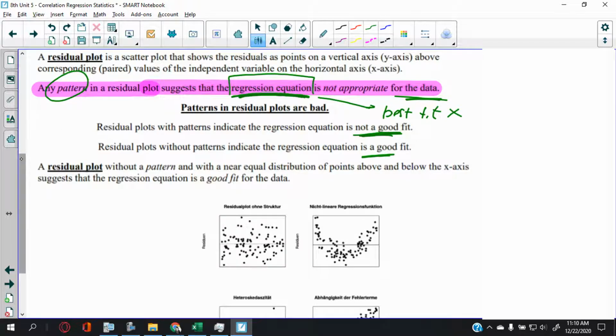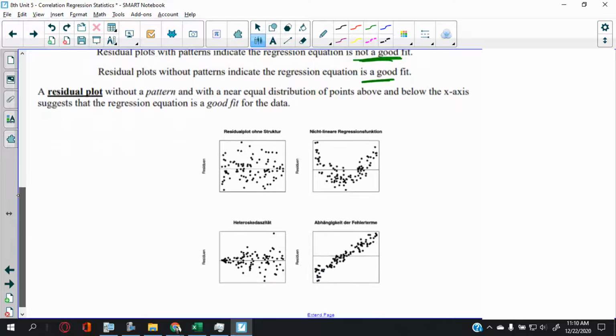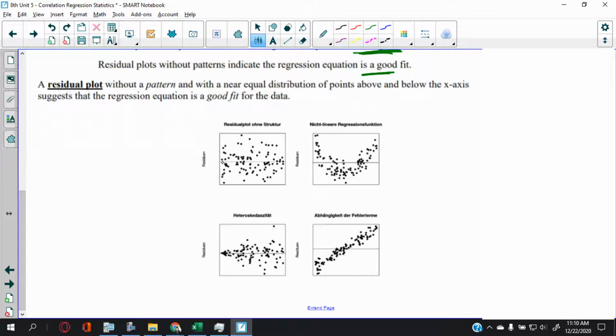So what do they look like? Is this good? Is the linear equation, the line of best fit, good? Yeah, because there's no pattern. What about this one? No good. There's a pattern here. It forms a shape.